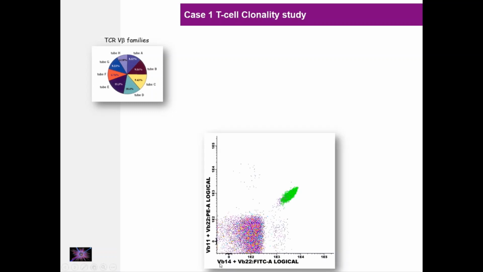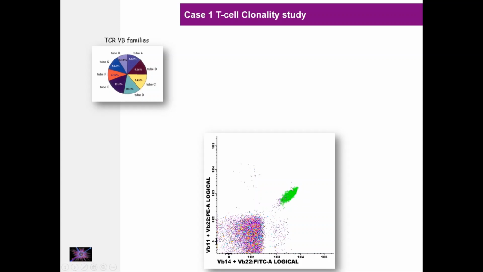The way this kit is organized is that in every tube we have 3 different families. One, in this case V beta 14, is conjugated with FITC. Another one, in this case V beta 11, is conjugated with PE. And the third one, in this case V beta 22, is conjugated with both FITC and PE, and it is represented in the diagonal of the dot plot.